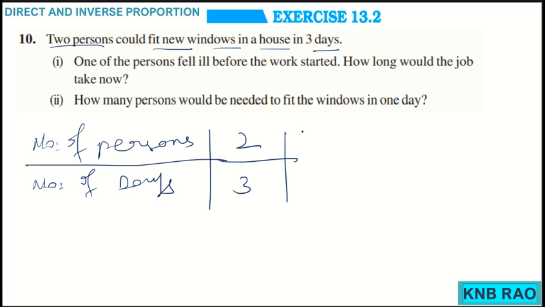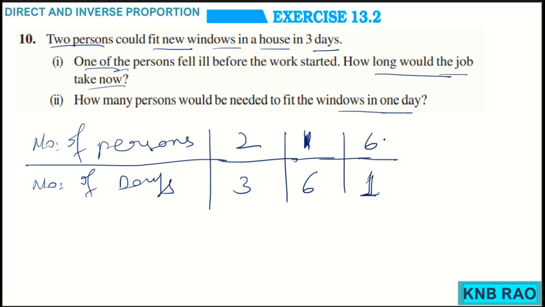If one person fell ill before the work started, how long would the job take now? One person fell ill means only we have one person. Now it takes, product should remain same, 2 3s are 6, it takes 6 days obviously. Next, how many persons would be needed to fit the windows in 1 day? So, if you want in one day to be completed, 6 people, product should remain same, 6 people required.